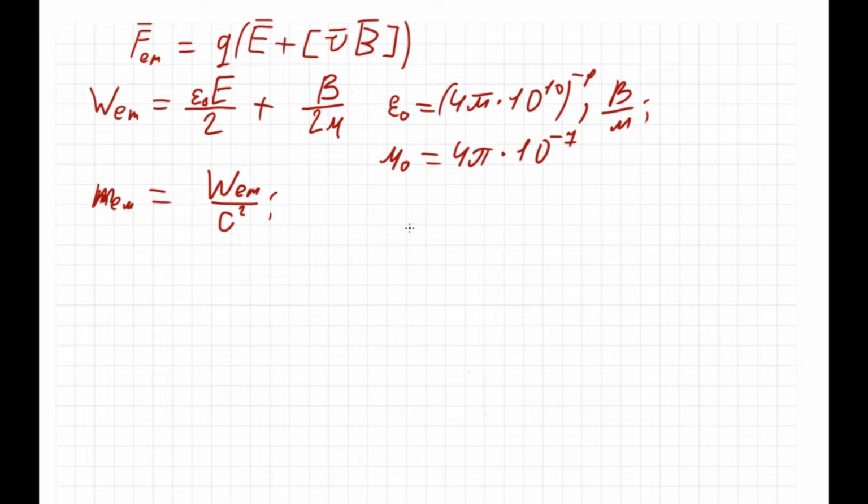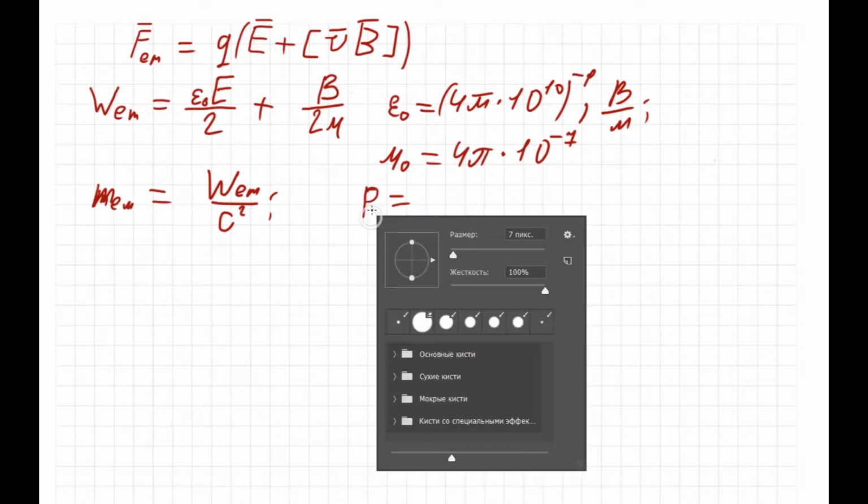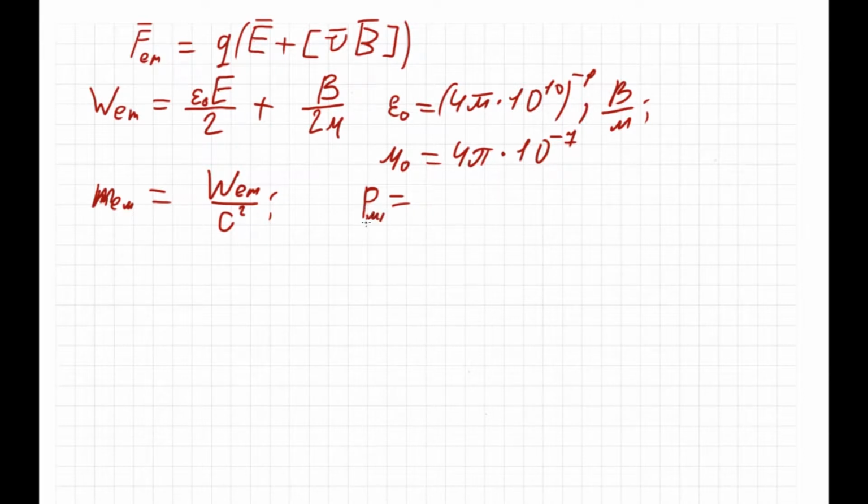And electromagnetic field has another property. Its property is quantity of movement, expressed by the letter P electromagnetic equals mass by light speed.